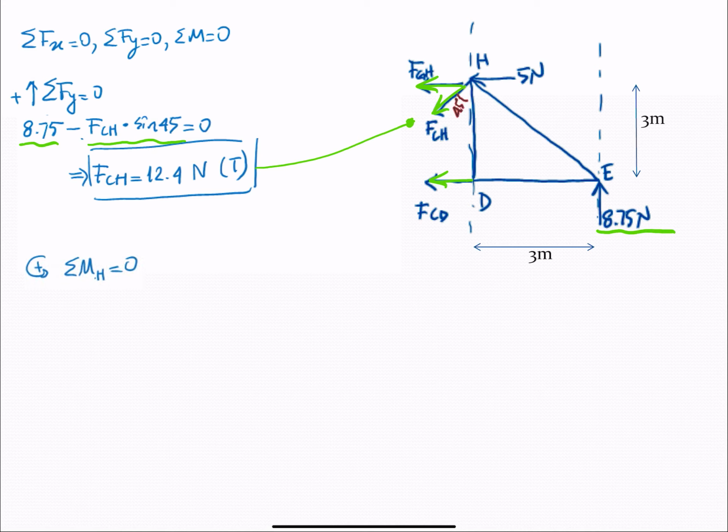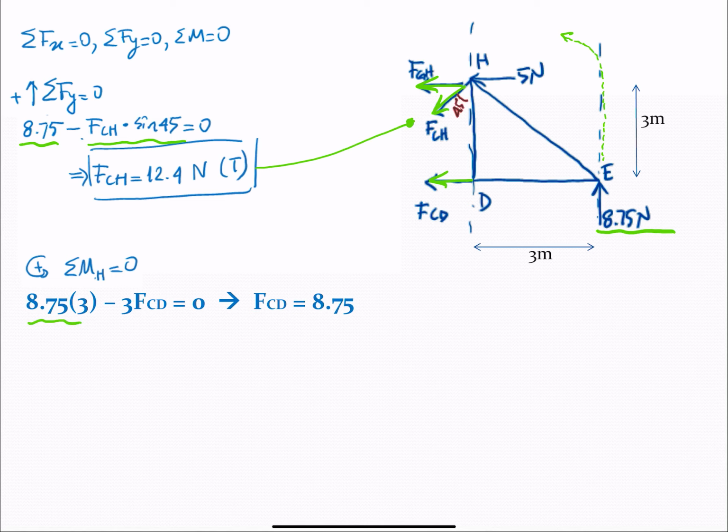And we calculate moments about H, and we choose H because it gets rid of many forces at once. So sum of moments at H equal to 0, counterclockwise positive. I see a reaction force having counterclockwise moment about H, 8.75 times 3, positive.